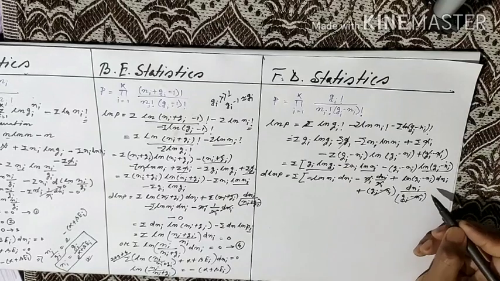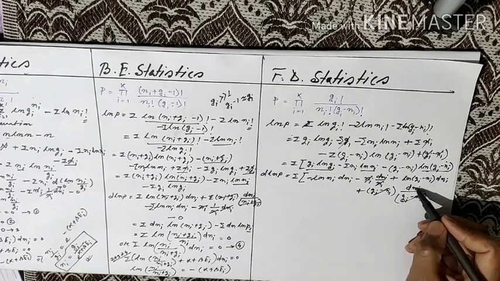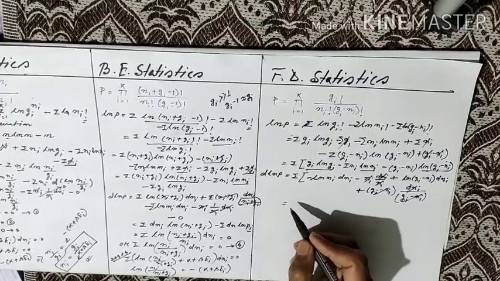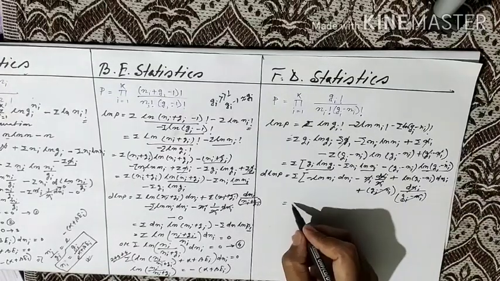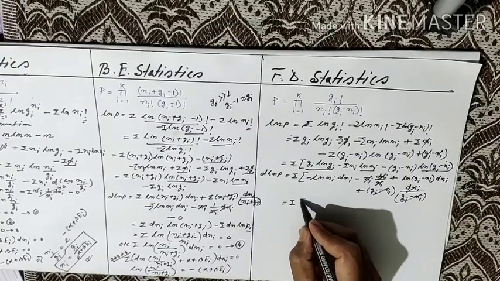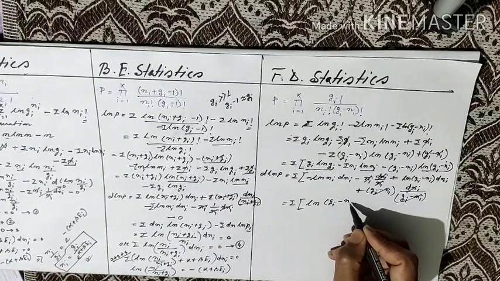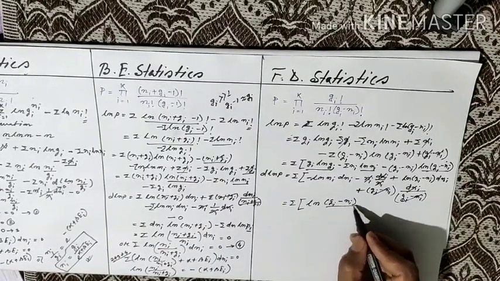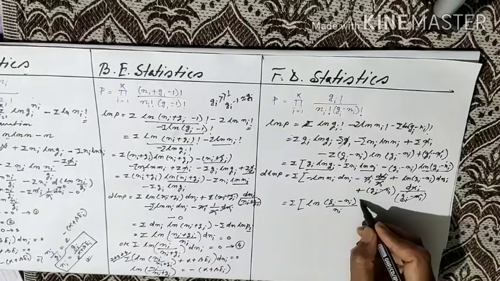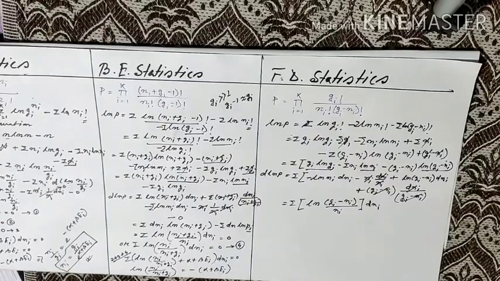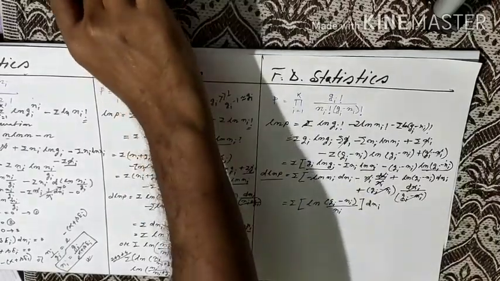Now what we will see, this dni plus dni and minus dni will be cancelled out ultimately. So I will get, this is plus, summation of ln gi minus ni by ni into dni, again this part is equal to 0.